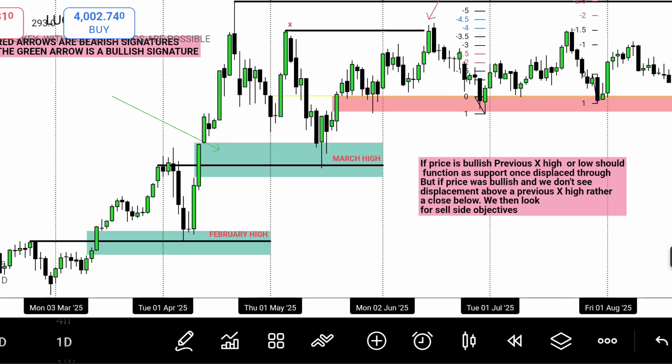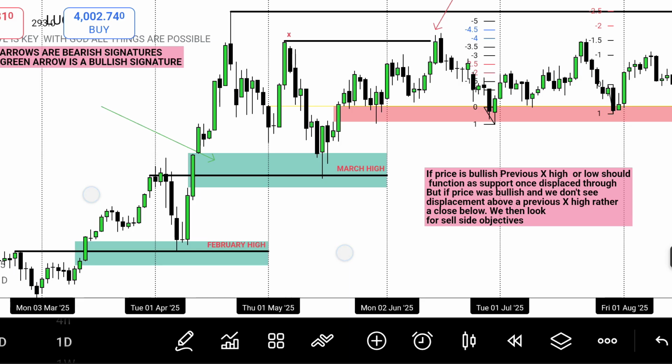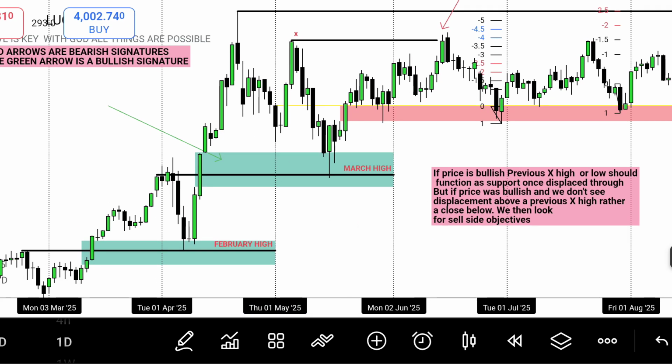We see price displace above this March high, the fair value gap, then saw displacement to the upside, then price formed a rejection block. At this point we saw price grind lower, then we open up for the month of May.